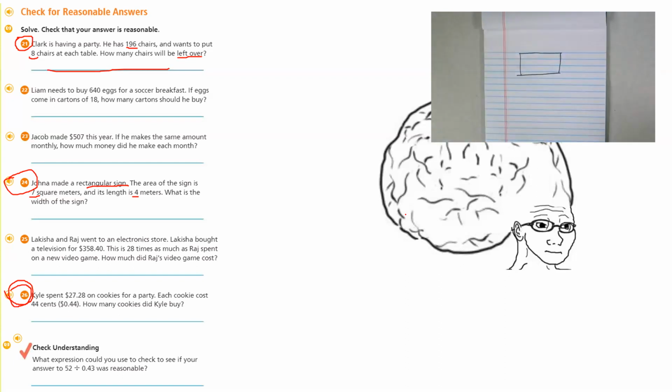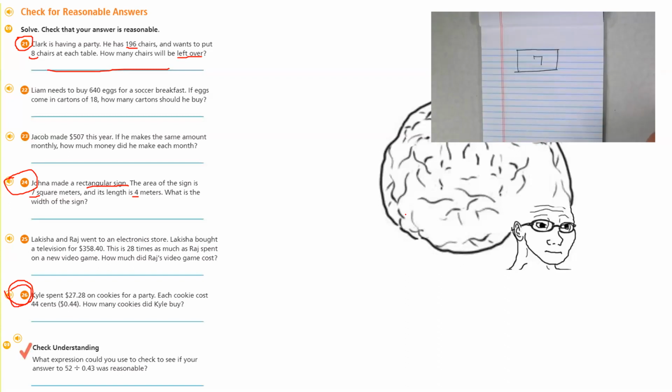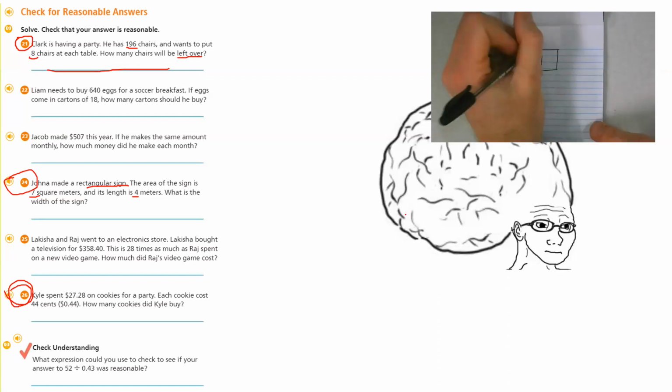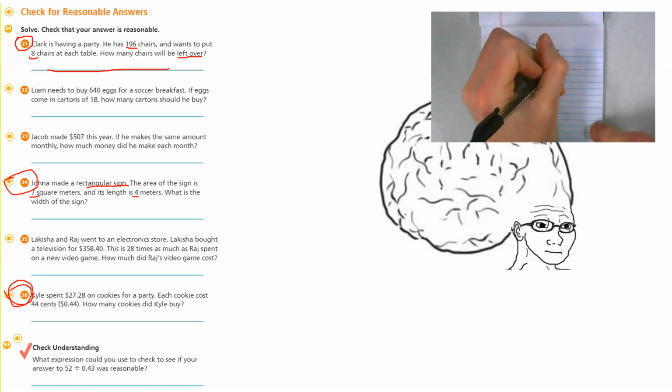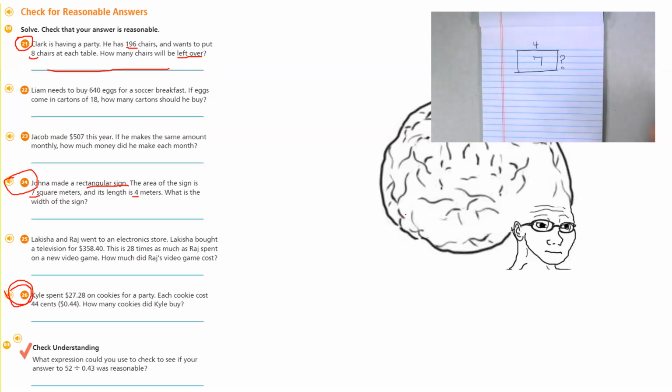The area is 7. And then one of the sides is 4. What's the missing side? Ooh, we're going big brain here because this is old school. We've learned how to do this one units ago. We're not using Houth's method on this one, folks. So, sorry.